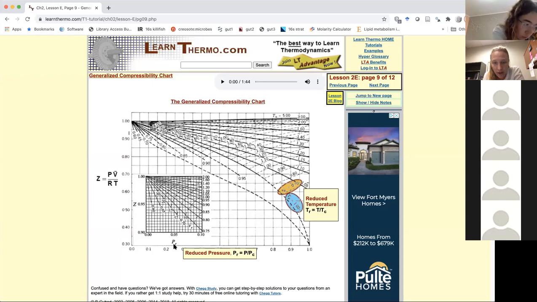So I'm going to find about 2.5, maybe a little bit lower, go up to this 0.86 line, maybe about right here, come over to my x-axis, and it looks like this Z value is about 0.84, 0.85, 0.83, 0.86, whatever. I would say this is about 0.84, but any of those is fine.